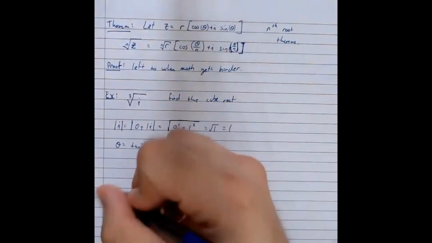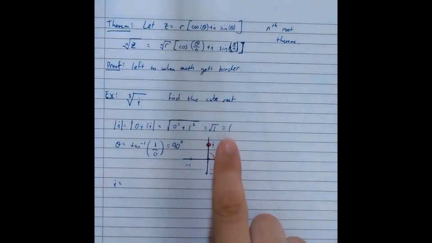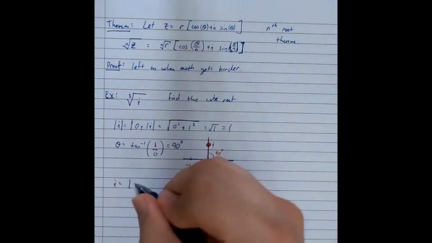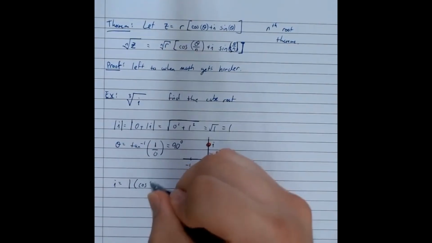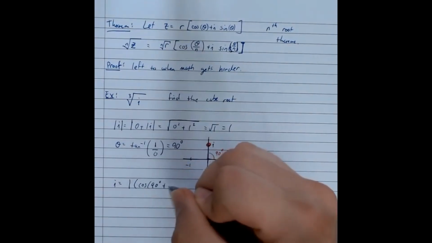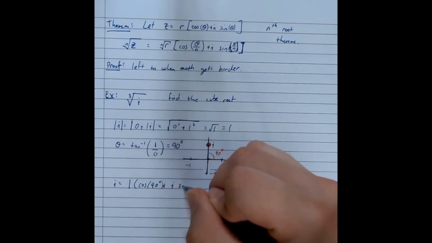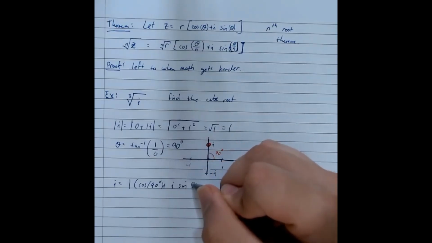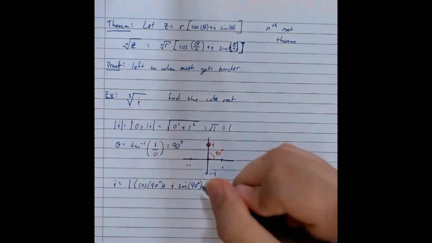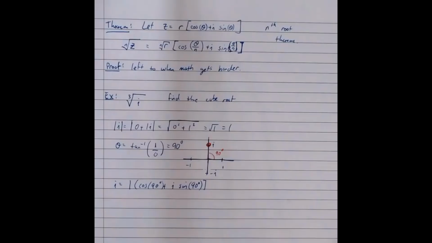All right, so here we know that I is equal to, well, here's its modulus, the number 1, times cosine of 90 degrees plus I sine of 90 degrees. Okay, just like that. But that's not really true. You say, well, no, sure it is.